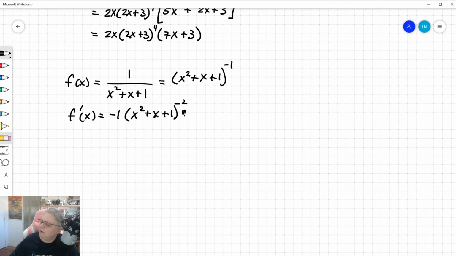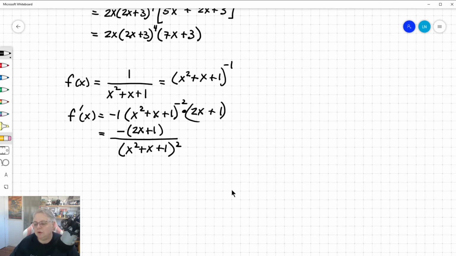The derivative of x squared is 2x, the derivative of x is 1, and the derivative of 1 is 0. So the last thing I want to do is to just clean this up. On top, I would have minus (2x + 1), and on the bottom, I would have (x squared + x + 1) squared.